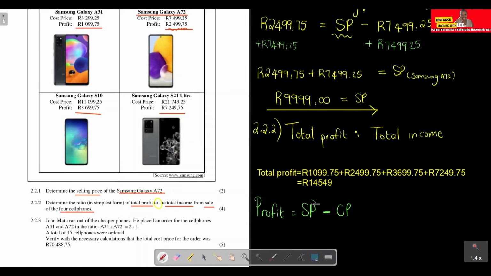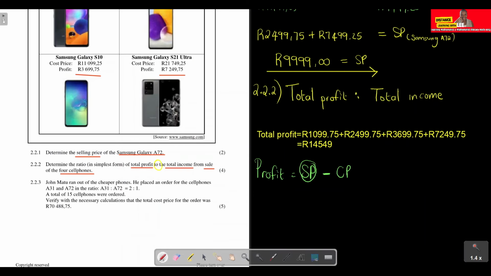What is the selling price? Your selling price is the same as the income that you get from selling your phones. So we can also look at it as profit is equal to income minus your cost.